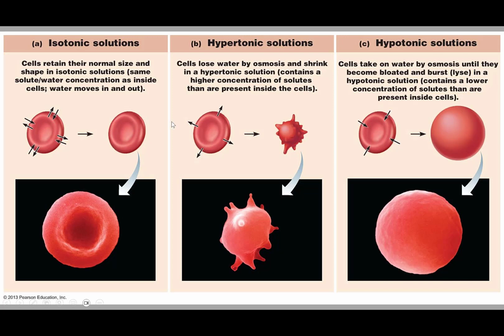If we drop a cell into a solution that is hypertonic to our body, to our cells, well, hypertonic means the cell is hypotonic, more concentration in the solution, so the solutes are going to suck the liquid out.